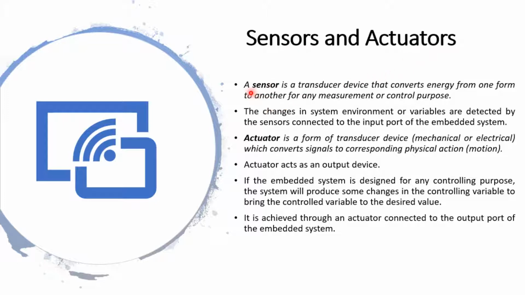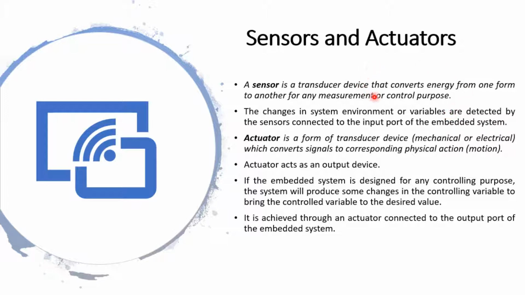So let us first discuss about a sensor, and a good textbook definition for a question: what is a sensor? So sensor is technically defined as a transducer device that converts energy from one form to another for any measurement or control purpose.